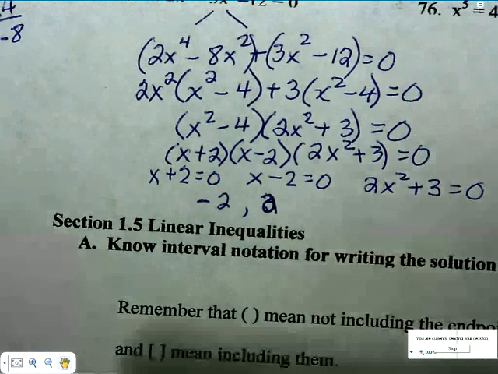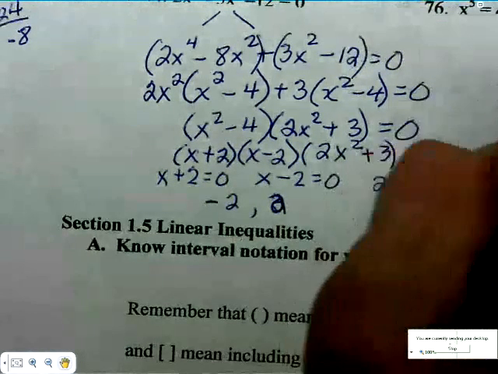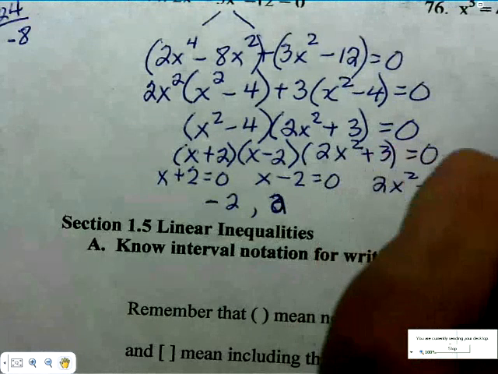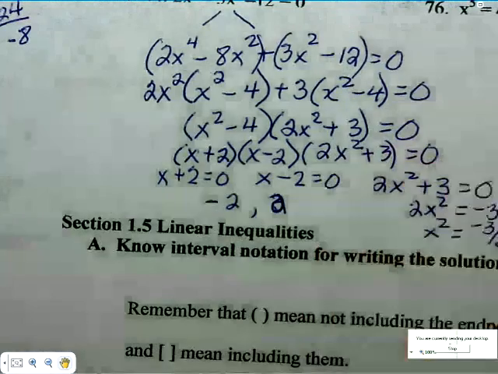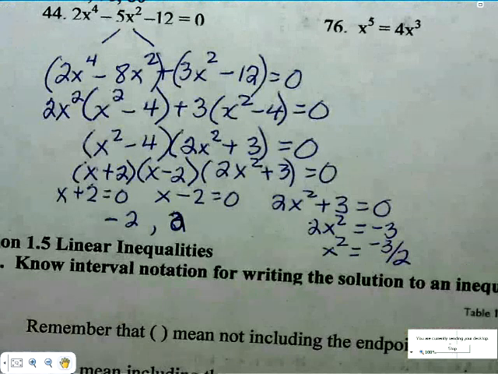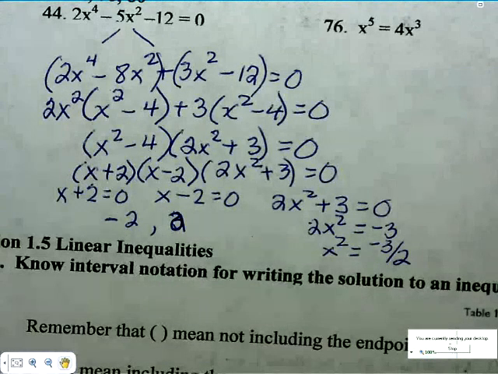Get the x squared by itself. X squared equals -3/2. What do you know about these two solutions now? If you square something and get a negative, it must be strange. Yeah, it's a strange number or an imaginary number.